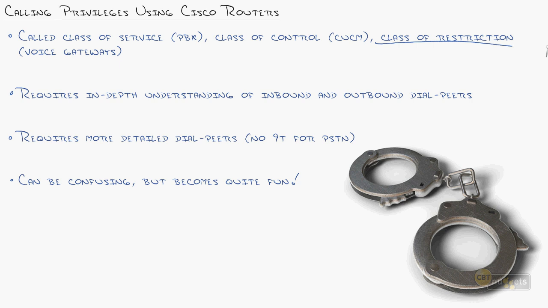It could be used as a call manager express device. It could be used to support many different clients coming together. I mean, there's all kinds of different ways to route calls using their voice gateways, and when you're using that, they call this feature class of restrictions, and you actually configure this thing known as COR lists.